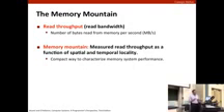And the memory mountain plots read throughput as a function of the temporal and spatial locality in that loop. In a sense, it's looking at a wide range of locality characteristics in a program, and plotting the performance of the memory system across that range as a two-dimensional function.